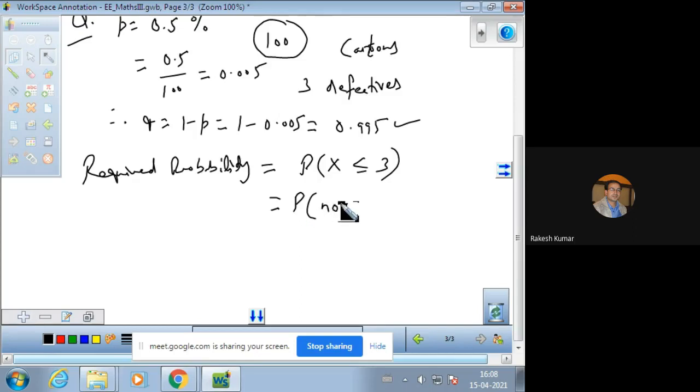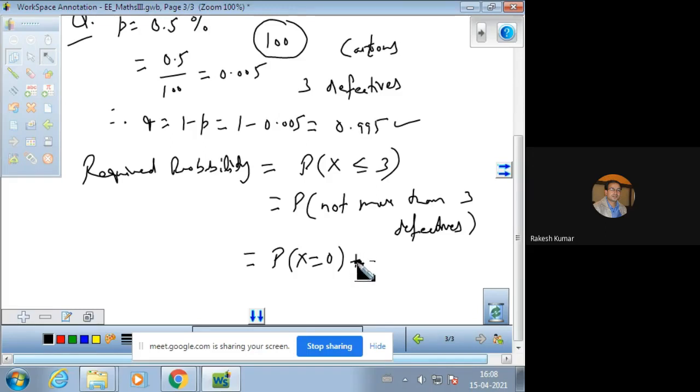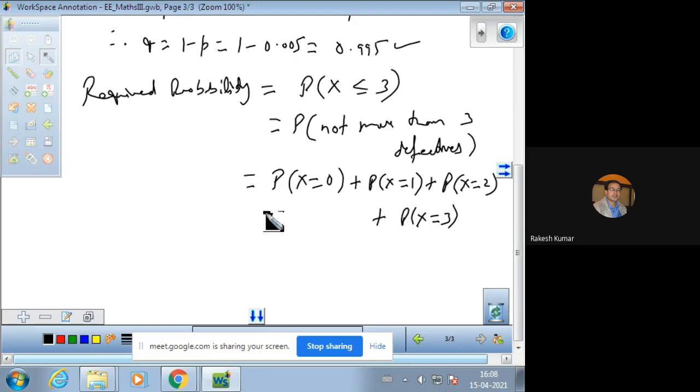It means no defective item, X equal to 0, one defective item, two defective items, and a maximum of 3 defective items. So you have to find the sum of these 4 probabilities.